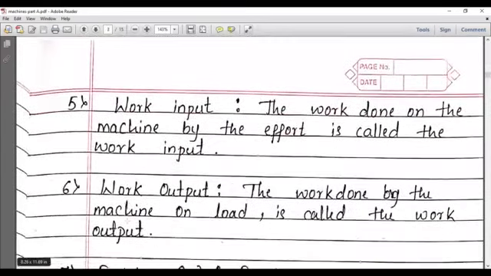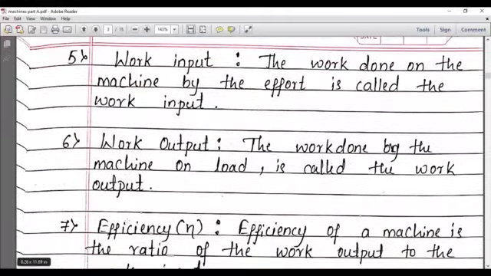Next one, work input. The work done on the machine by the effort is called work input. You're doing some work on the machine, and that work is nothing but work input.